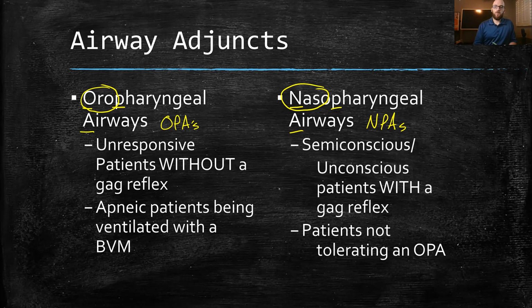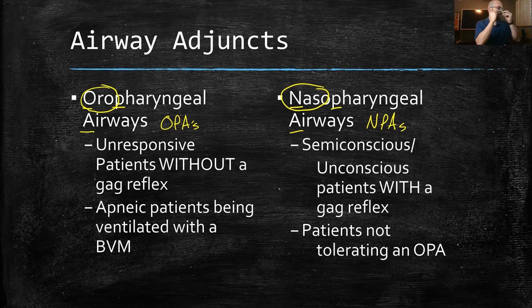One of the few things on the list of contraindications, when we won't utilize an NPA and insert anything through the nose, is any sort of head or face trauma. The concern is that if they've sustained any sort of trauma to the face, they may have skull fractures up there.